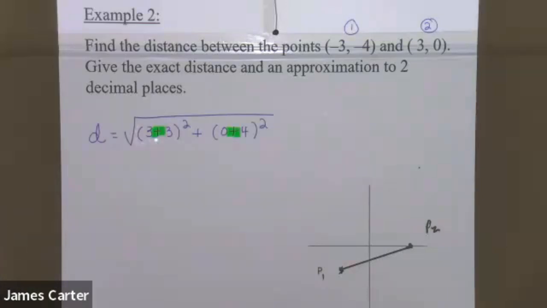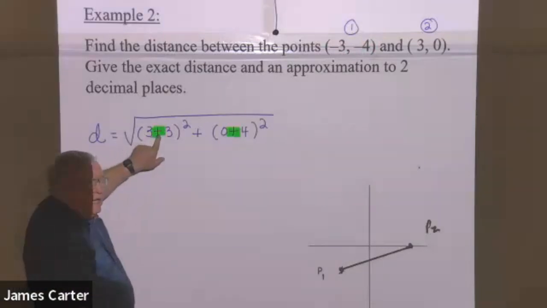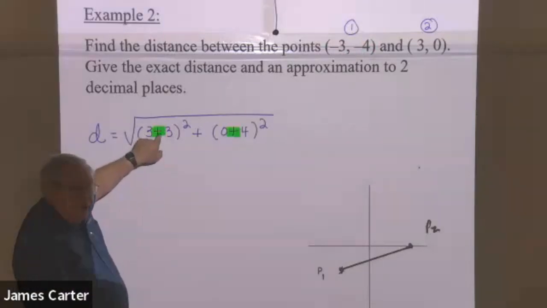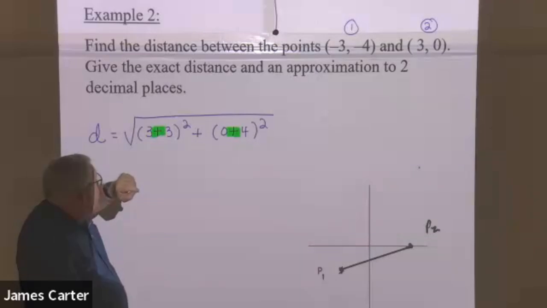Okay, so where did I get this plus from? Well, if these are the x values, I'm going to go 3 minus -3. This was minus a negative, which is why that's highlighted as a positive.